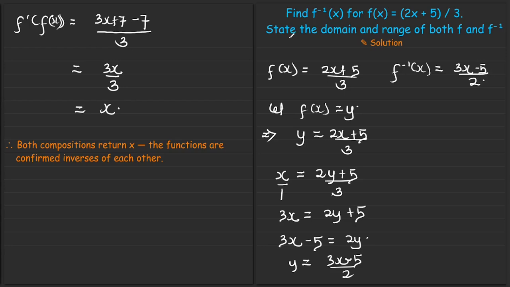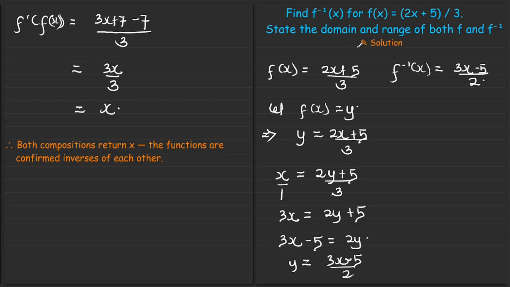Now the next part of the question says we have to state the domain and the range. For this particular function, there is no value that can make it undefined. So the domain is simply all elements in R. You see. Then it also says we should find the range.